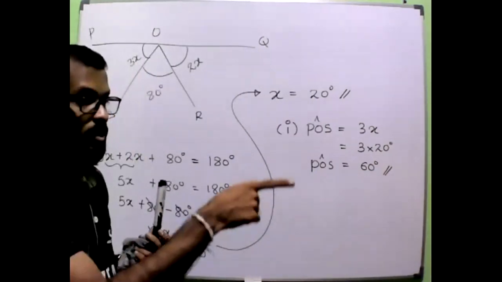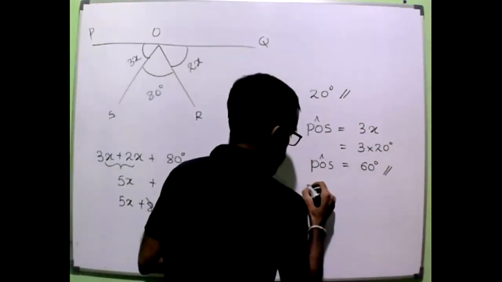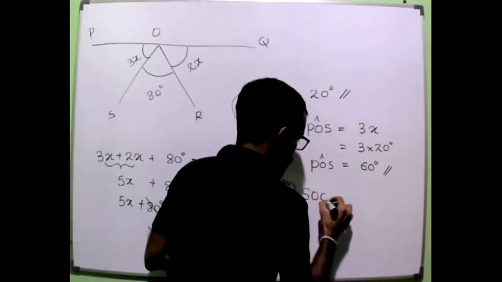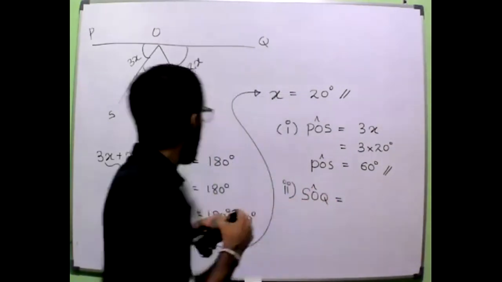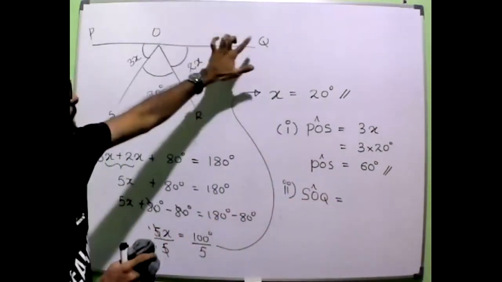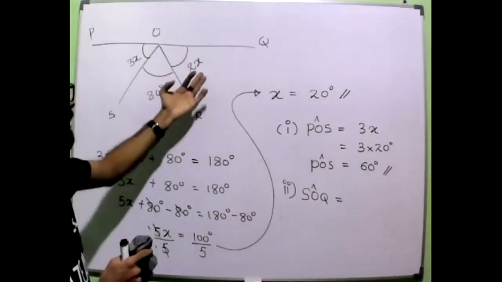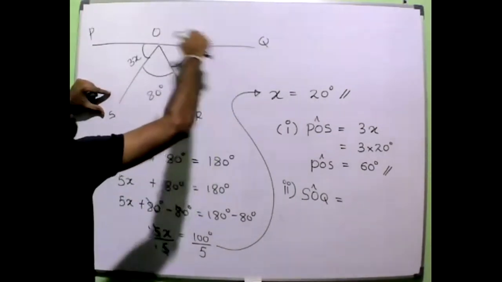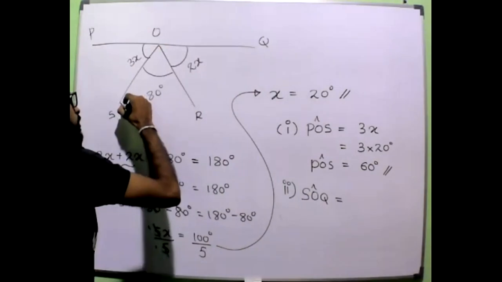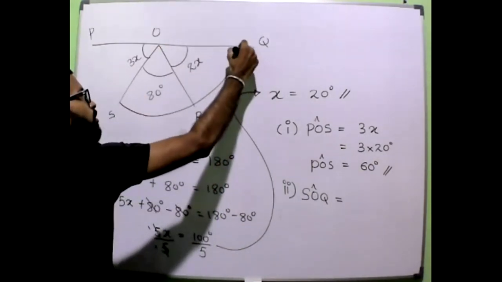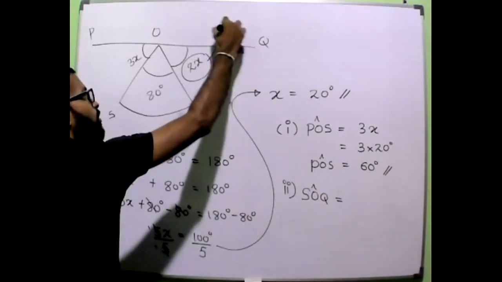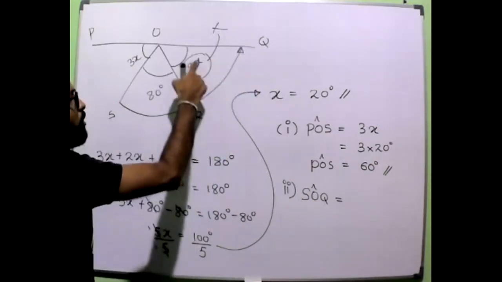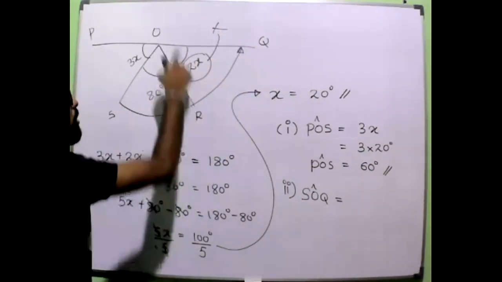Then in the second question, find the magnitude of SOQ. SOQ angle equals 80 plus 2x. That means SOQ is this bigger angle, starting from here to here. So if you find only this one, it is wrong. Not 2x. 2x means ROQ.